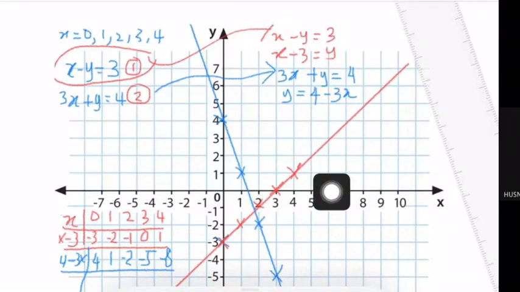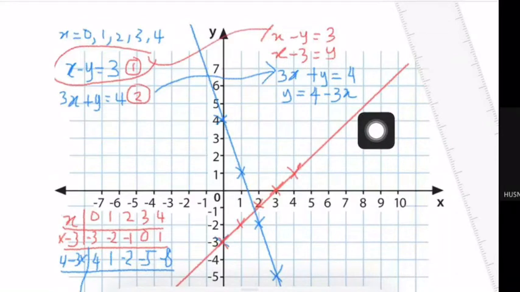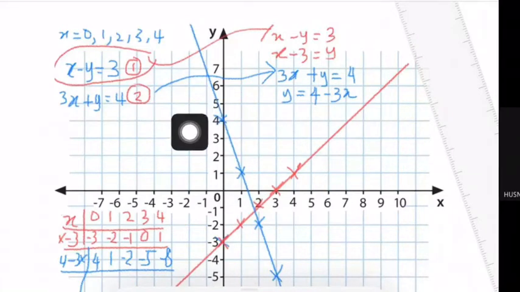Untuk garis yang merah ni, bila X6 nilai Y dia 3, bila X5 nilai Y dia 2, macam tu. Bila X8 nilai Y dia 5, macam ni ya. Sepanjang ni ialah solutions for equation yang merah ni. Untuk biru pun samalah. Setiap koordinat tu ialah solution untuk diri dia sahaja. Untuk that particular equation only.